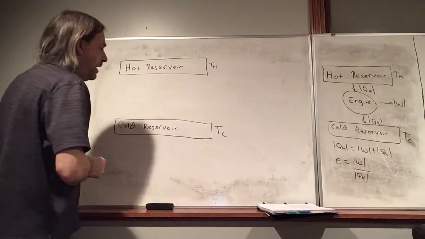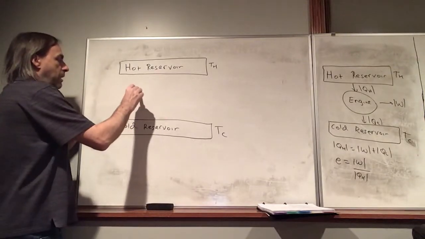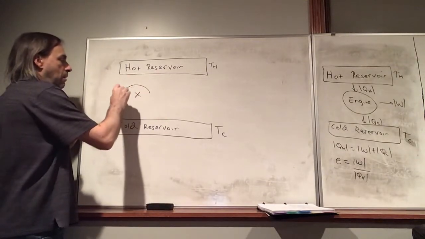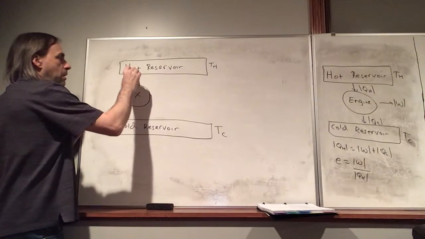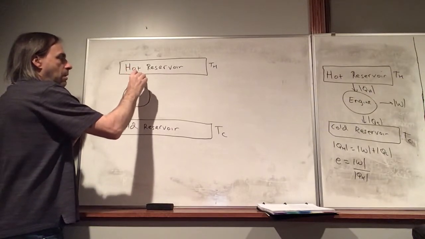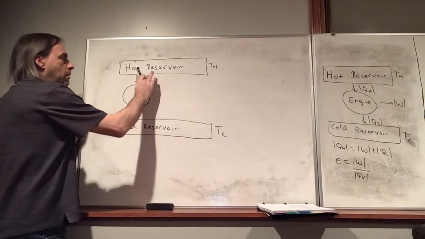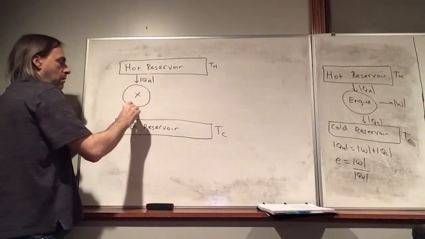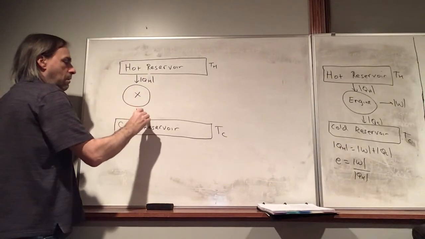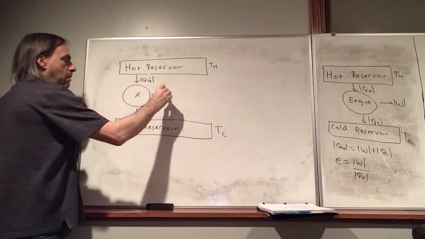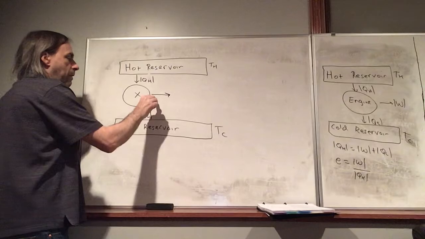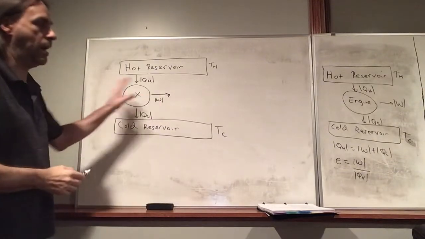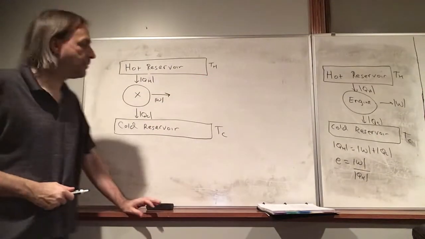And here we have this engine. I'm just going to call it engine X. Okay, so we're getting work out of it. Literally I just wrote down exactly what we have over here.